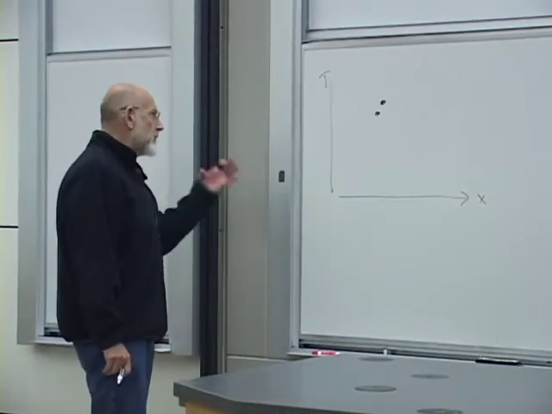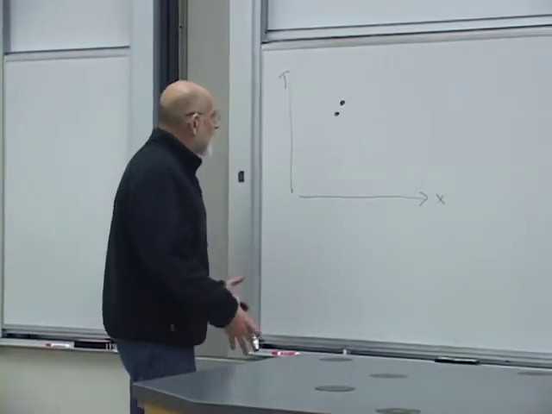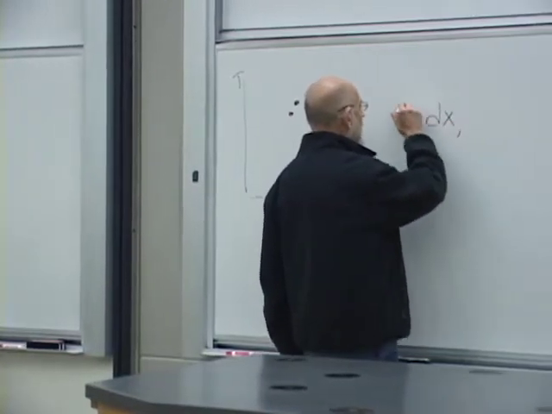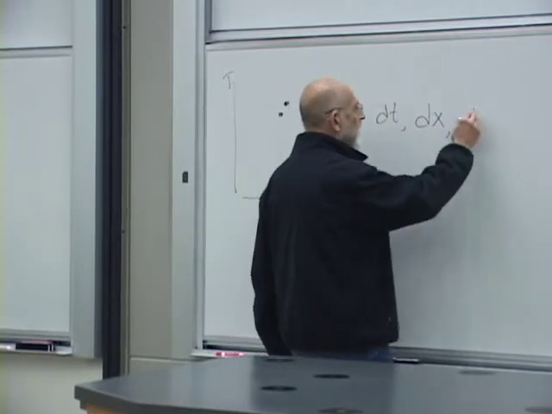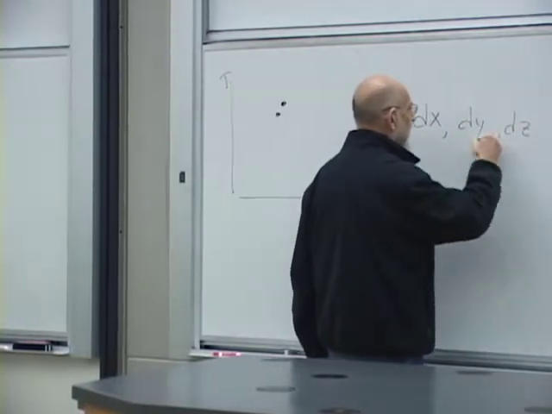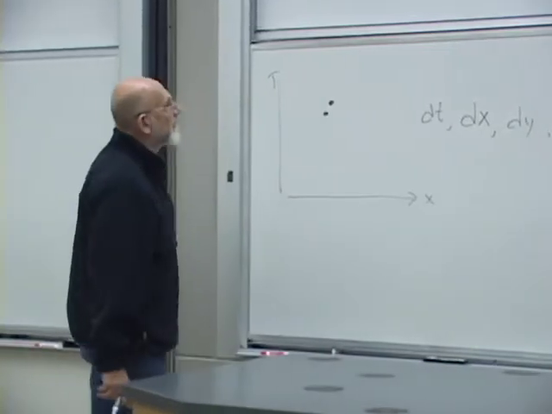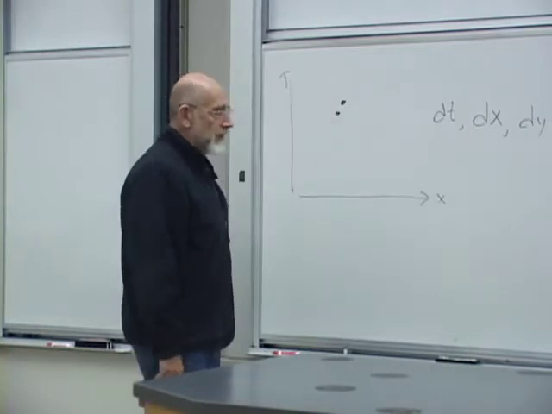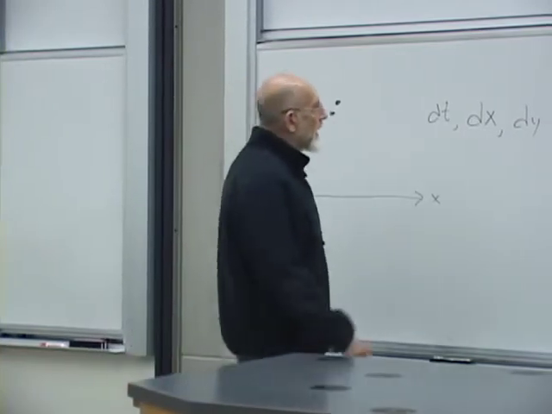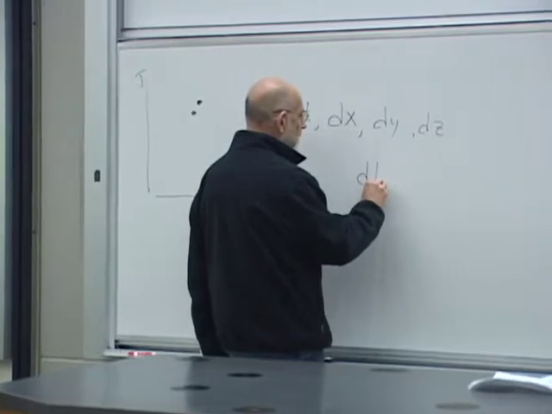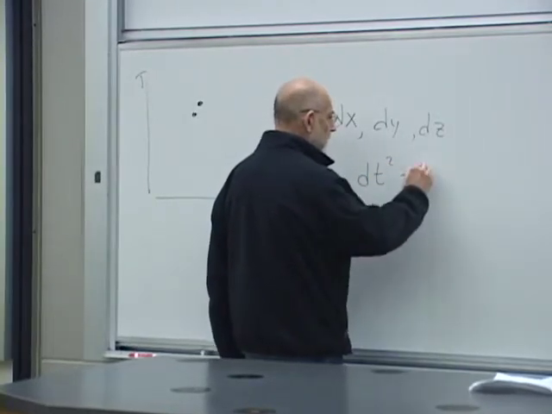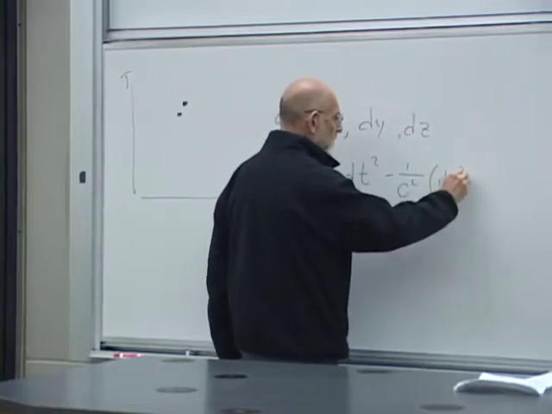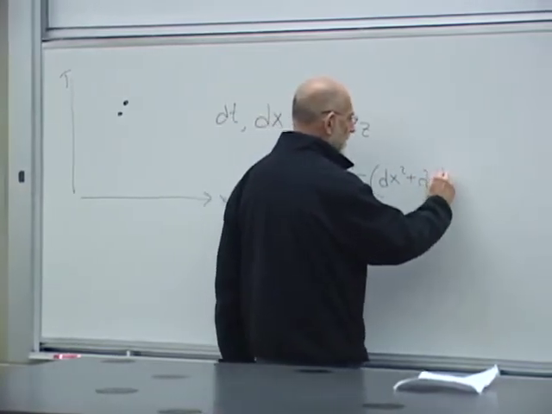These are 2 arbitrary but neighboring points, and they're separated by some dx, dt, dy, dz. And we define a new concept. The new concept is the relativistic distance between them, the proper time, and the proper time is defined to be d tau squared equals dt squared minus 1 over the speed of light squared, dx squared plus dy squared plus dz squared.